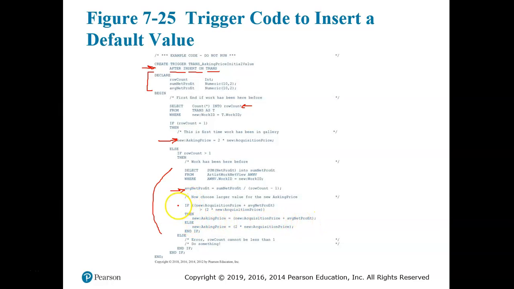Else, if this condition does not hold, then the asking price is equal to 2 multiplied by acquisition price. This else is related to this one. If row count is less than 1, then send an error message that the number is negative. Okay, so this is an example of an after insert trigger.